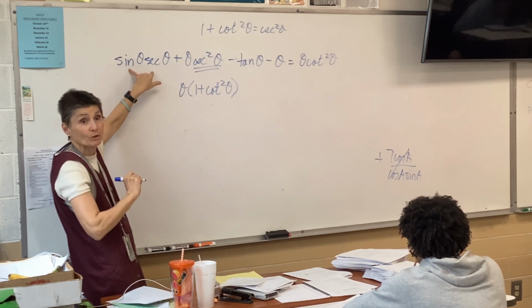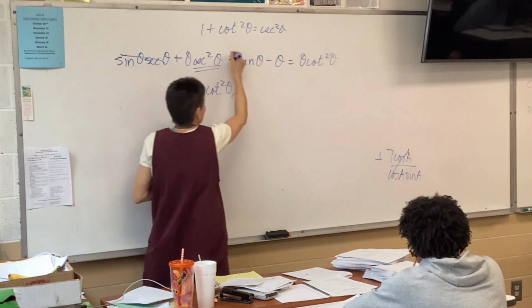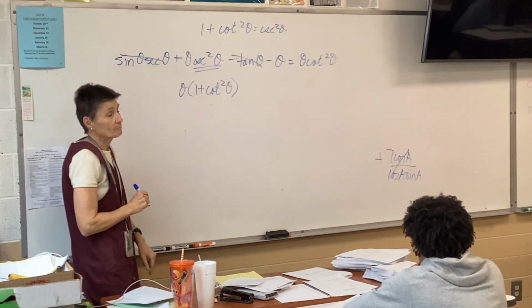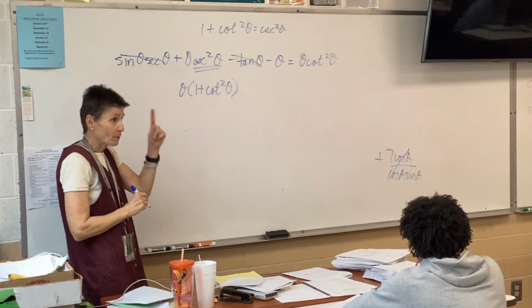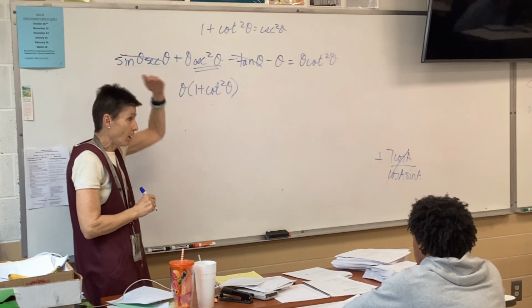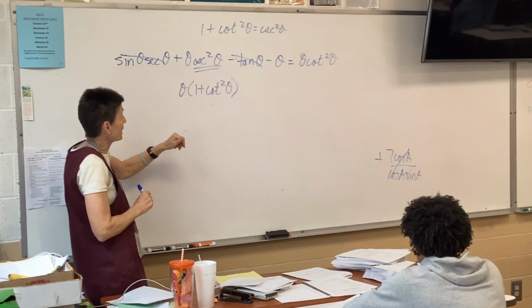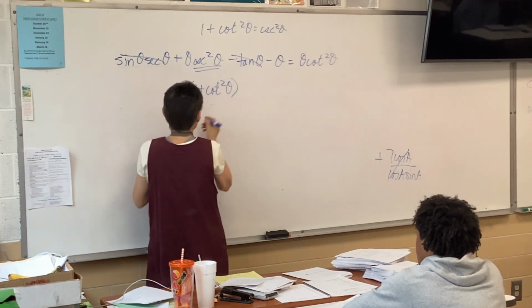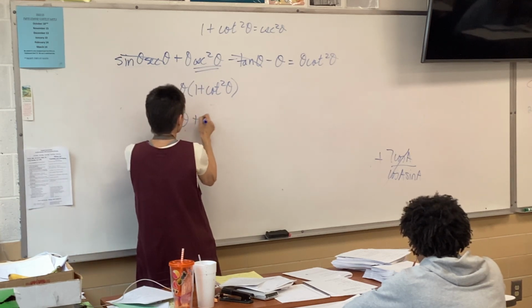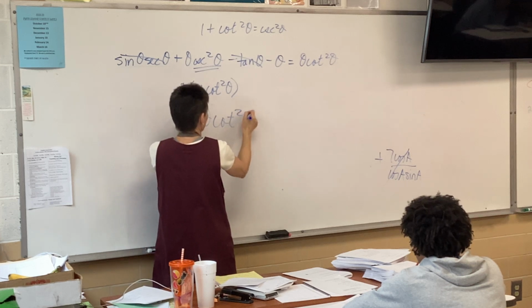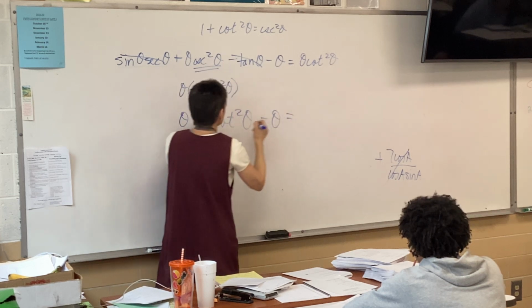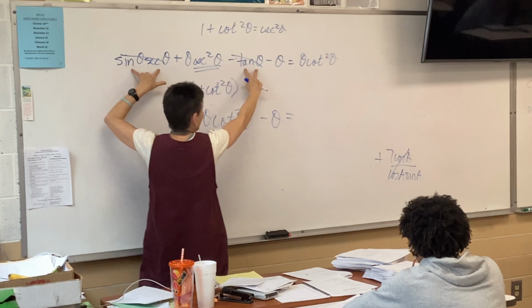You get sine over cosine, which is tangent. Remember, a secant on the top is a cosine in the bottom. This is sine over cosine. So this is what I have right now: theta plus theta cotangent squared minus theta. That's all that's left, because these two guys canceled.